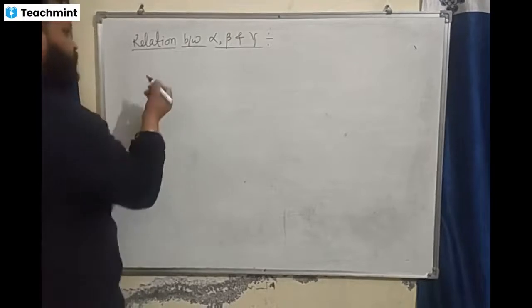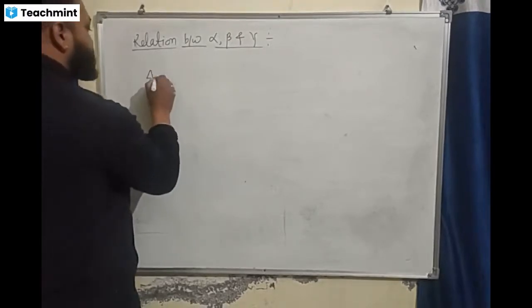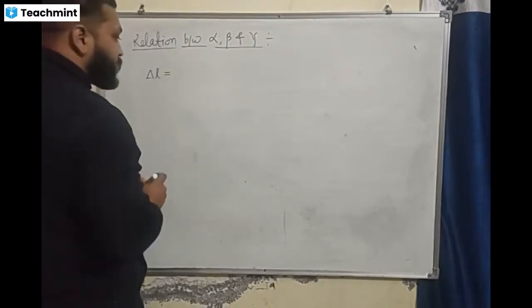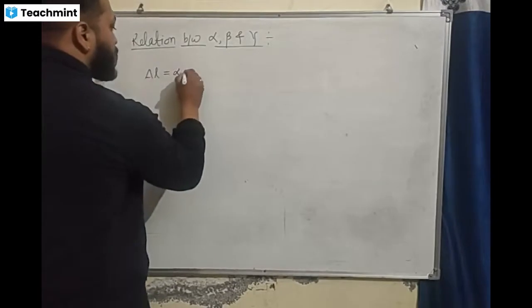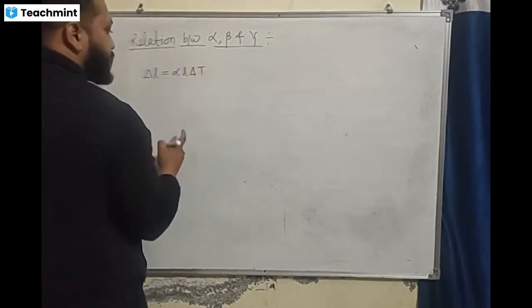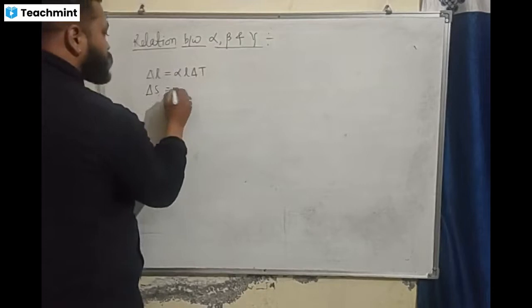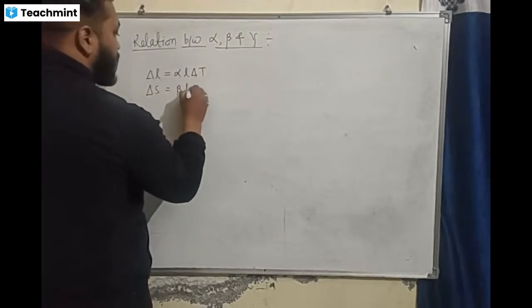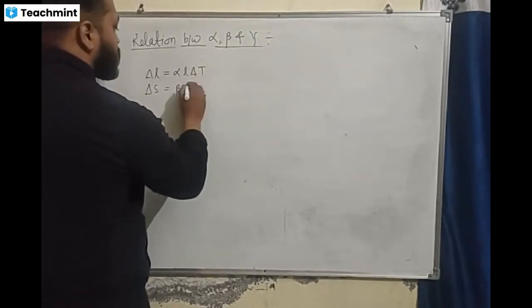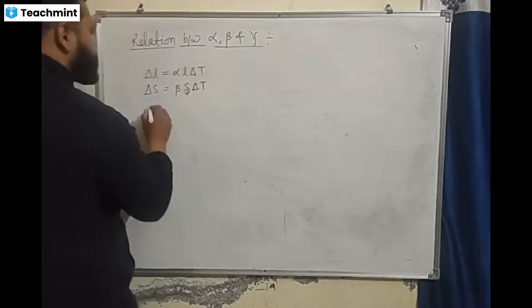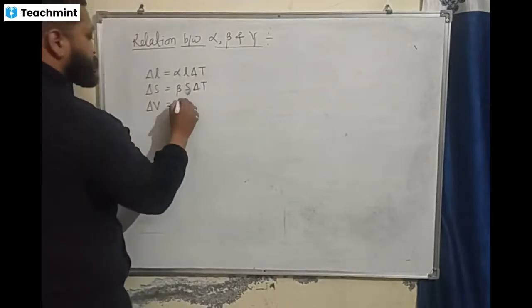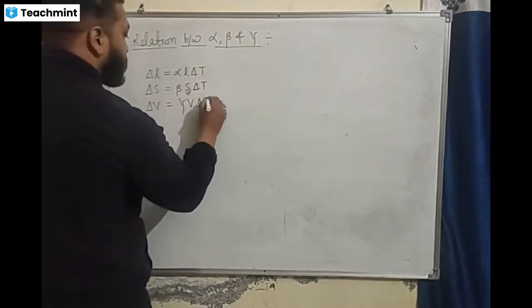First of all, we know some relations. I am writing three relations. The change in length is delta L equals alpha L into delta T. Delta S equals beta S into delta T. And third, delta V equals gamma V into delta T.